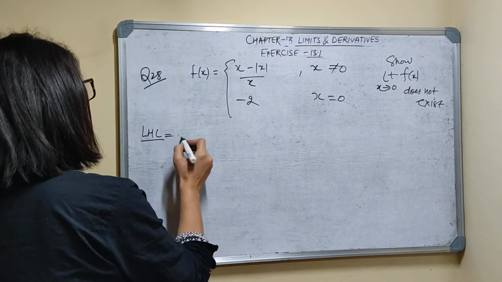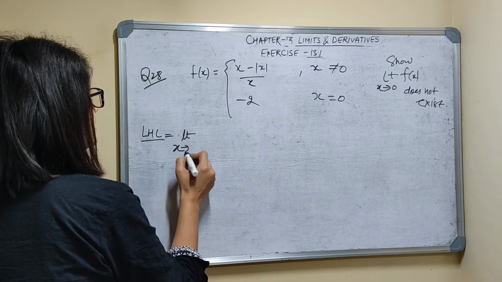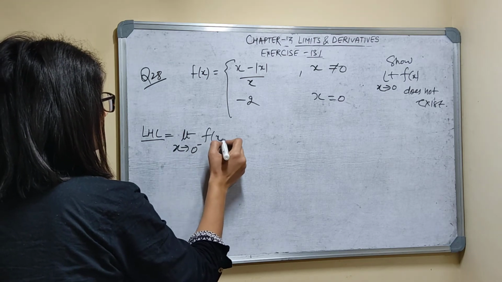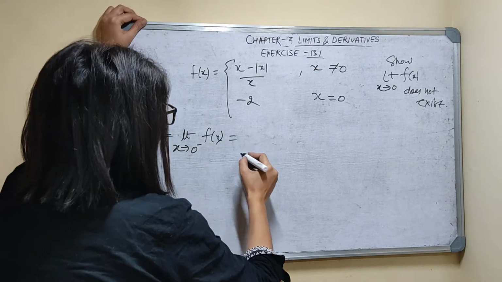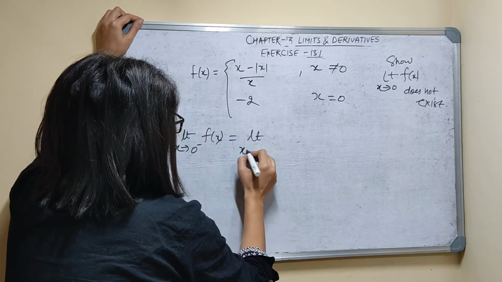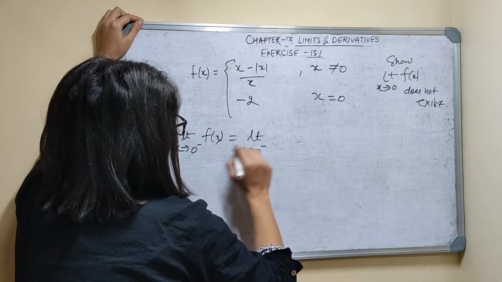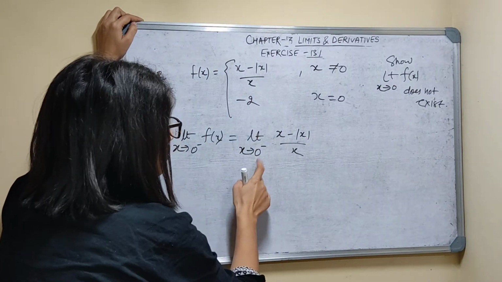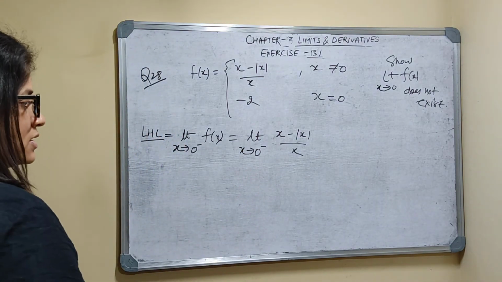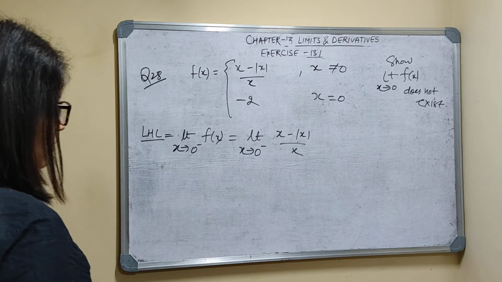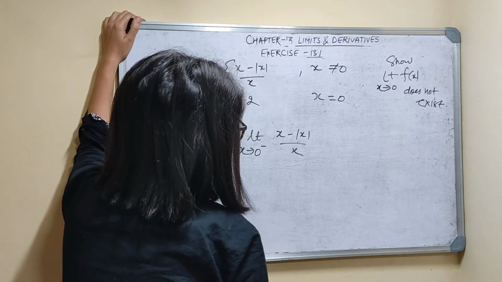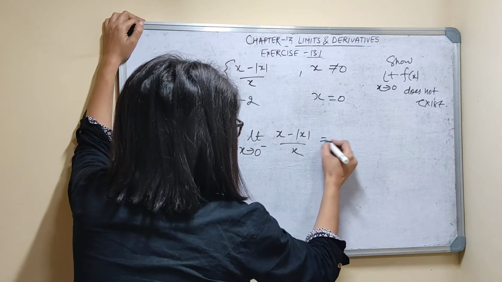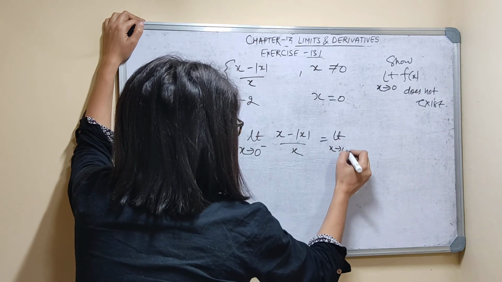So left hand limit, I will write limit of x tends to 0 minus f of x. So what will I write? Limit of x tends to 0 minus f x, I will write what? X minus mod of x by x. 0 minus means less than 0. Less than 0 means what? X is less than 0. So mod of x is equal to what?